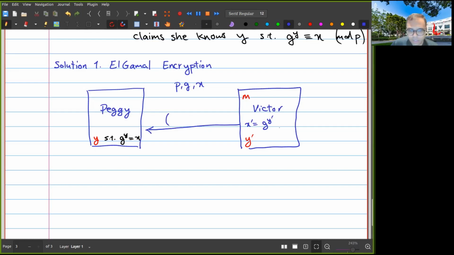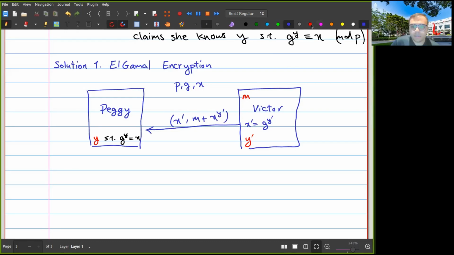So he would send X prime, and he would also send the message M plus X to the power of Y prime.